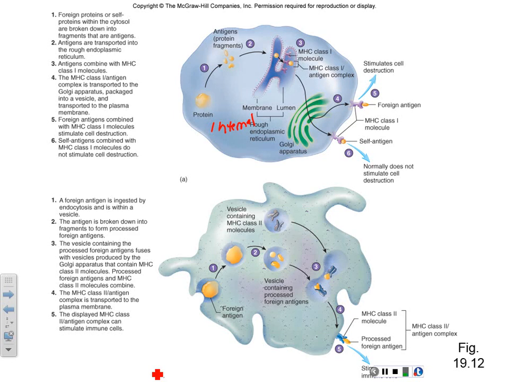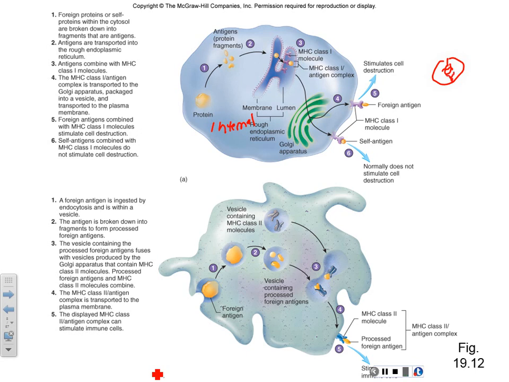And then once it's bagged into a vesicle, that vesicle will be part of the membrane, right? You can see how it's attached to the membrane, like that. So you have that, and then the MHC complex, and then the antigen.